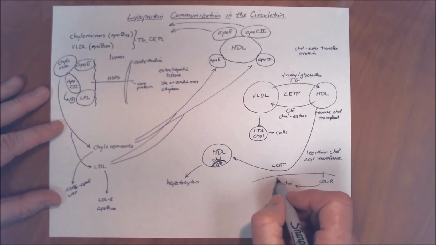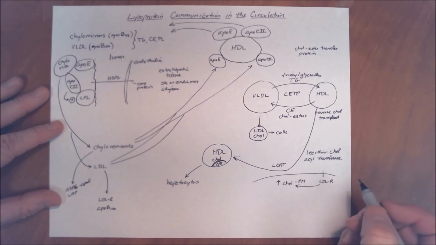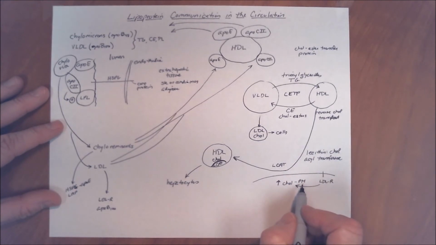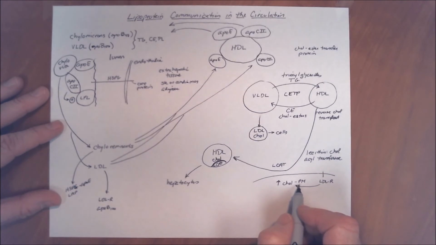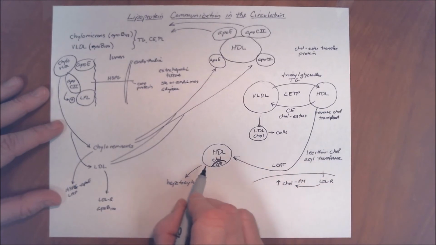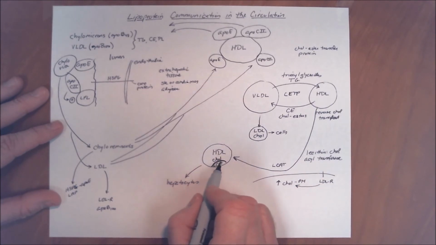Cholesterol is in the plasma membrane of cells. It's in a hydrophobic environment, and it likes that environment. So to remove cholesterol from this environment takes an enormous amount of energy. The cholesterol in HDL is also in the core of the protein, solubilized in the fatty center, the hydrophobic center.